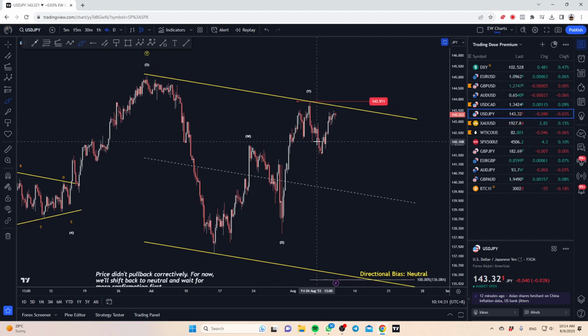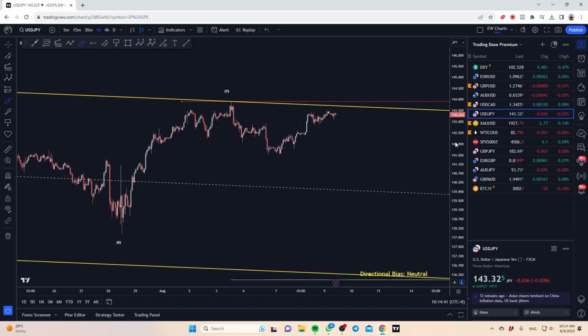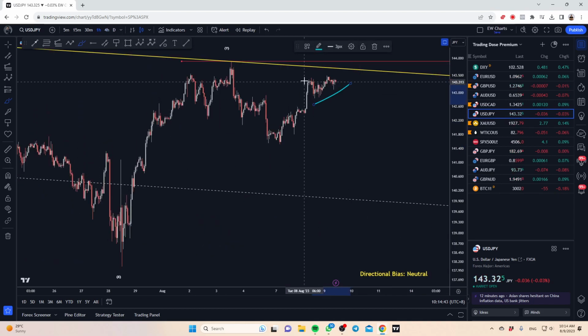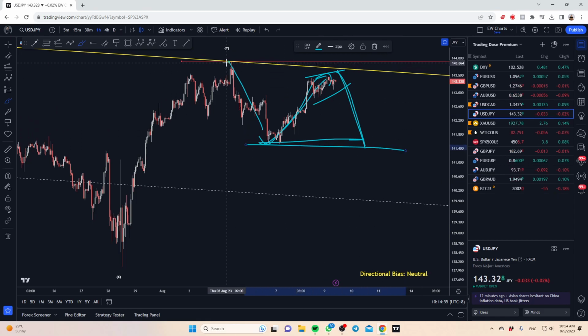Dollar yen, we did not really get the nice little corrective structure here for continuation, but instead we kind of get a strong little push up. However, on the hourly, we do see that this may develop into a crawl. So what we have is still potentially a 1, 2, and then one more drop. But perhaps if this is going to be something so deep, then this drop here may just end off somewhere at the previous bottom to give us a 3-wave corrective for more upside potentially.